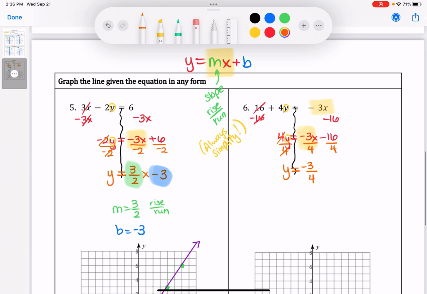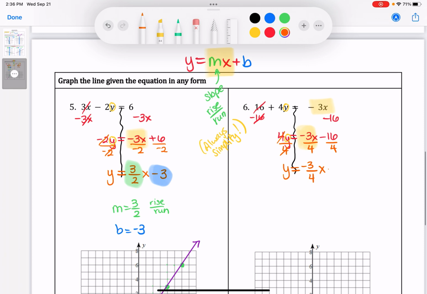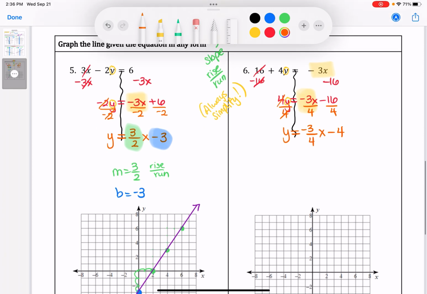I don't have two negatives, right? So negative 3/4 x, negative 16 divided by 4 is negative 4. y equals mx plus b. I got it. So here then my slope is negative 3/4, and my y-intercept is negative 4. m equals negative 3/4, and b is negative 4.